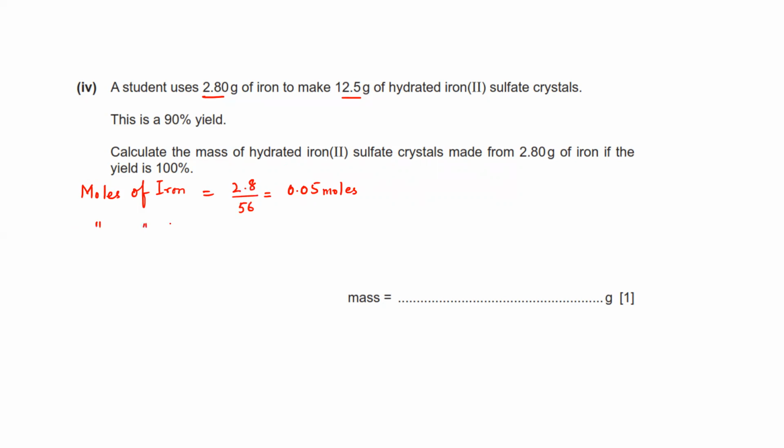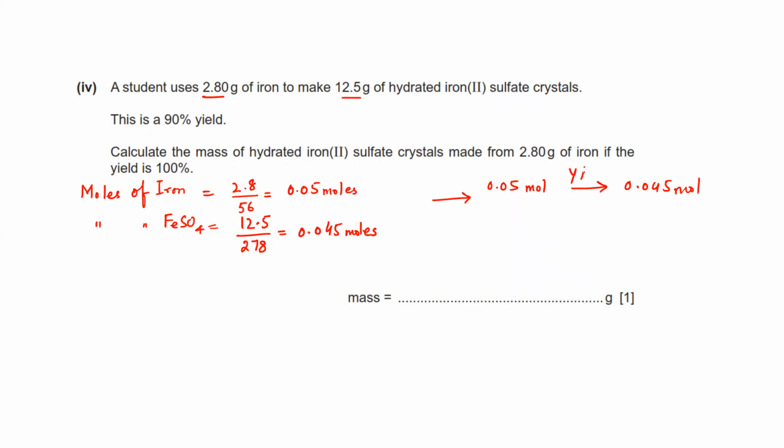And moles of FeSO4 crystals, 12.5 divided by 278, the mass, and this comes out to be approximately 0.045 moles. So the percentage yield, so actually 0.05 moles yield 0.045 moles.